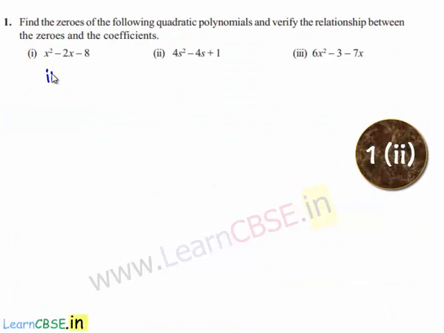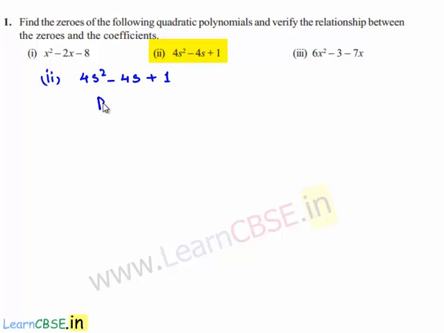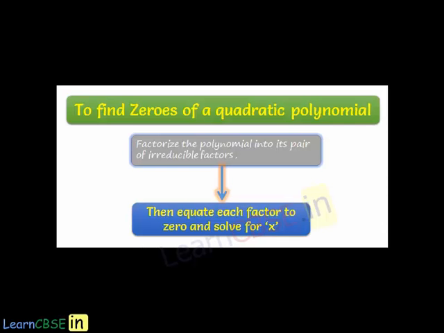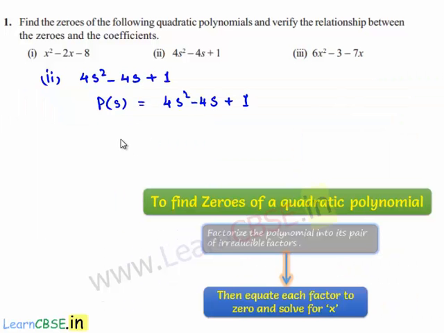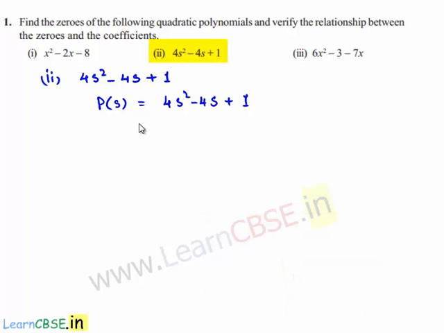Coming to the second one, which is 4s² - 4s + 1. So let p(s) be a polynomial which is equal to 4s² - 4s + 1. In order to find the zeros of the polynomial p(s), we need to factorize the given polynomial.